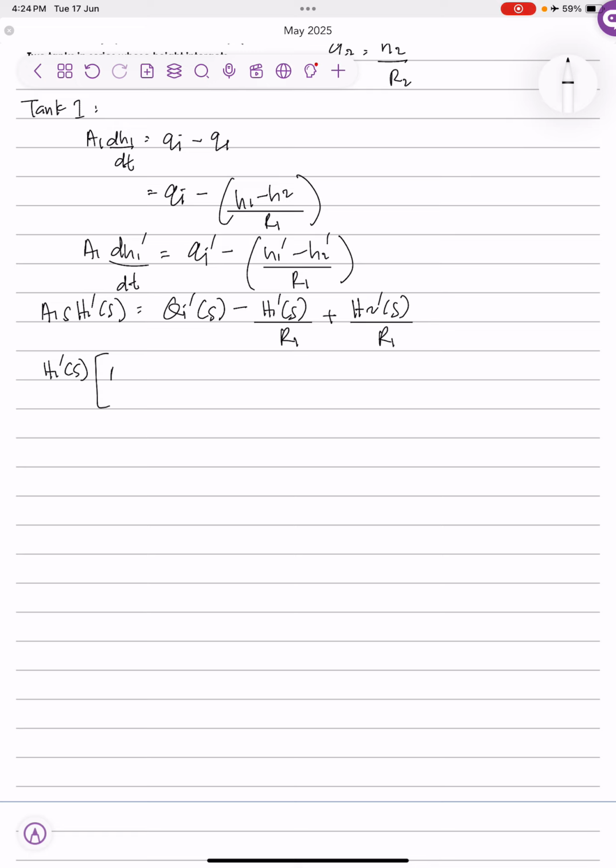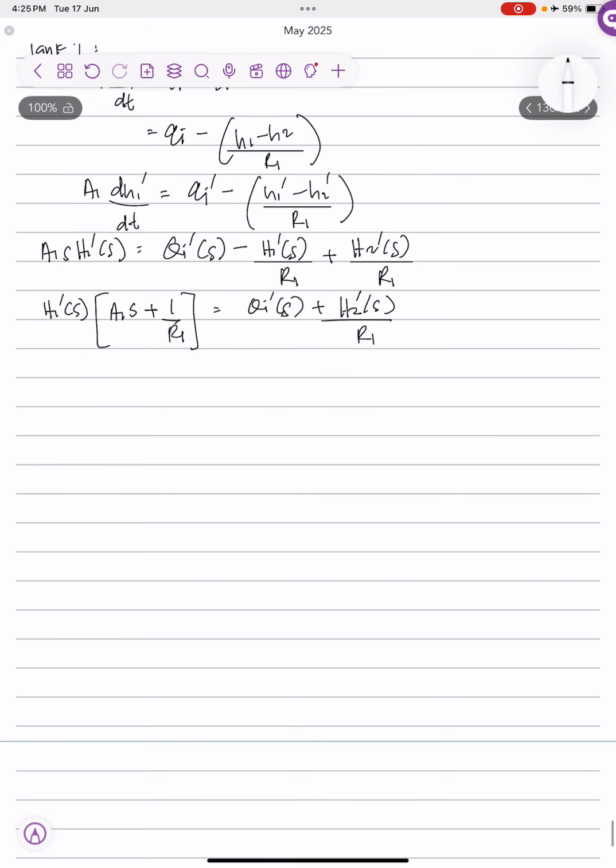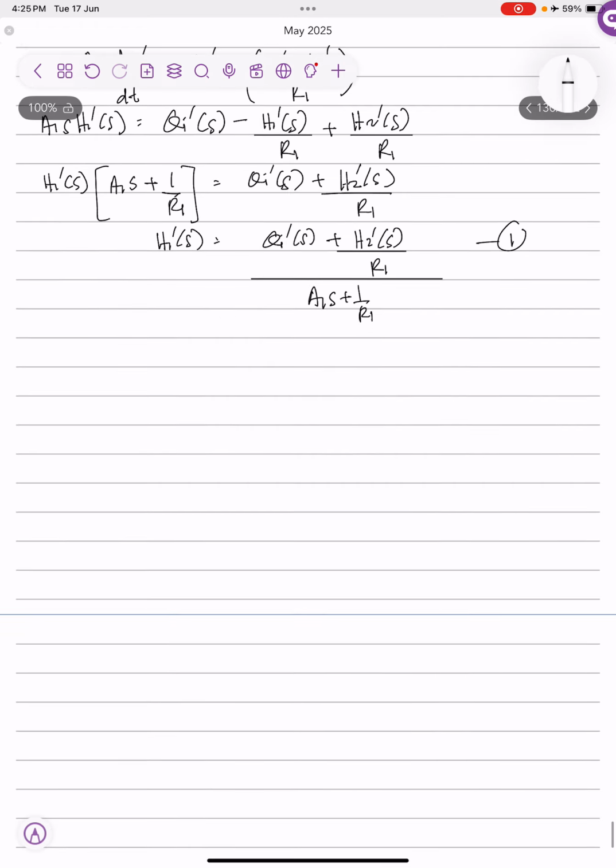Now you have (A1 s plus 1/R1) H1'(s) equals Qi'(s) plus H2'(s)/R1, and H1'(s) would be (Qi'(s) plus H2'(s)/R1) over (A1 s plus 1/R1). So this is one equation that is based on tank 1.